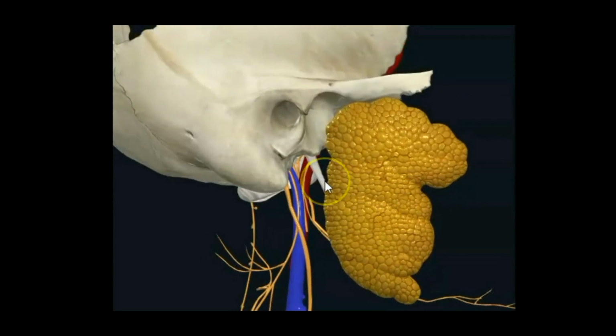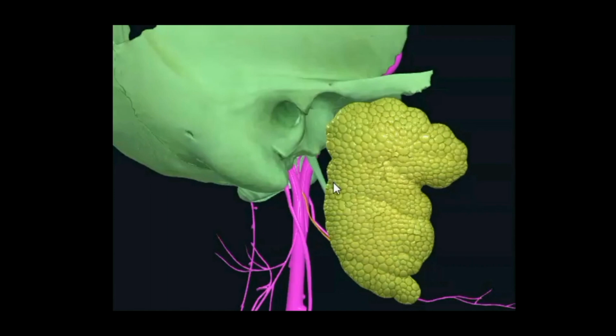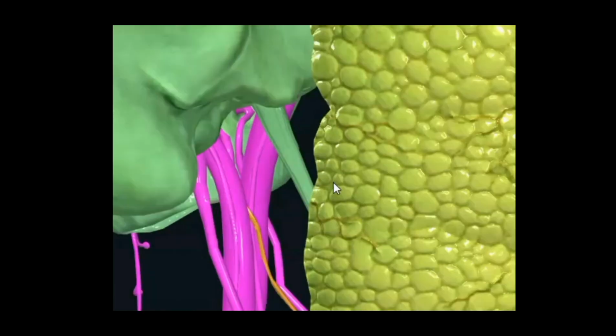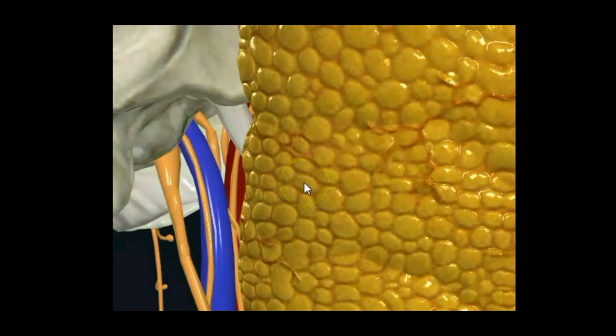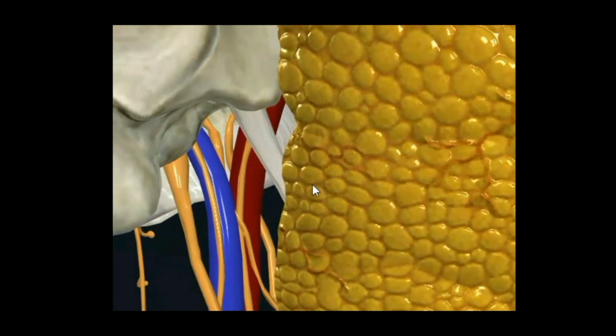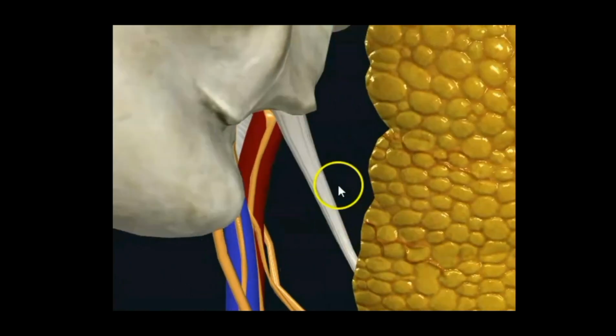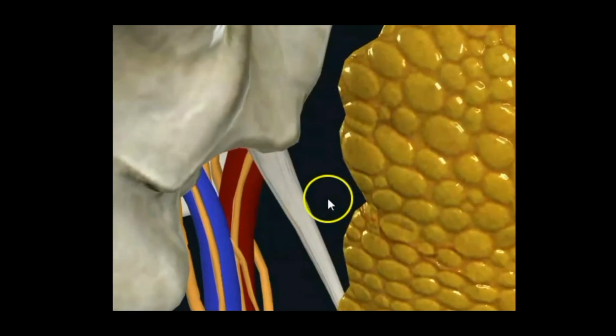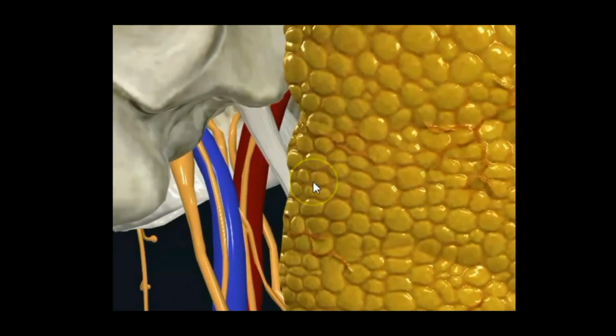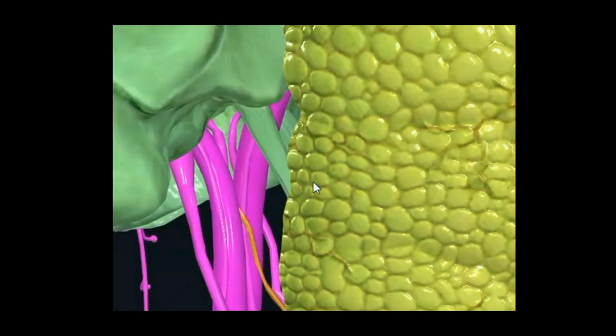So we have discussed structures related to the apex, base, anterior border, posterior border, lateral or superficial surface, anteromedial surface, and now the posteromedial surface. So these are the relations of the parotid gland, and the parotid gland itself doesn't have any definite shape. It is a pulpy mass occupying the mold of surrounding bones.